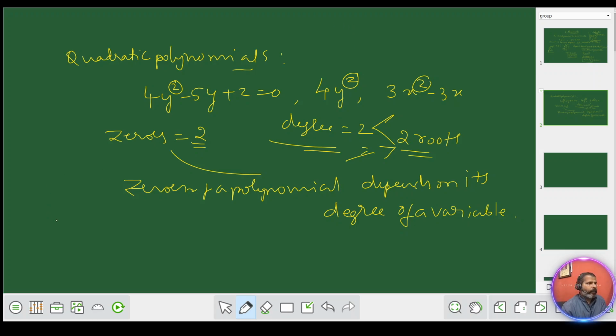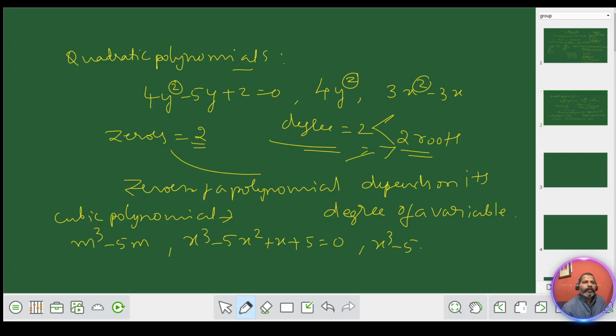Let's see the cubic polynomial. For example, m cube minus 5m, or x cube minus 5x square plus x, complete also I can write, or x cube minus 5. All these are cubic polynomials because, if you observe, the highest degree of a variable is 3.